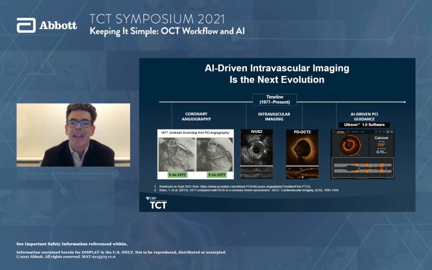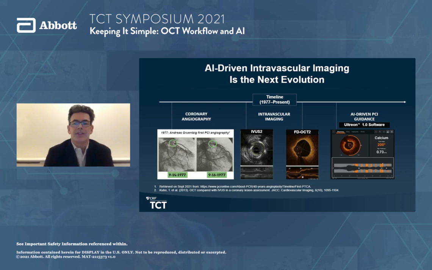Now, AI-driven PCI, I think, is going to drive that adoption even further, really coupling advances in computing technology and machine learning, integrating that with our most loved intravascular imaging system. I think it really is a very tantalizing glimpse into the future.